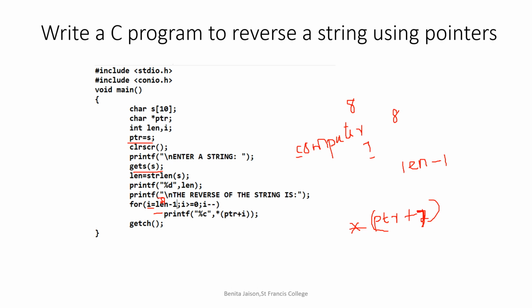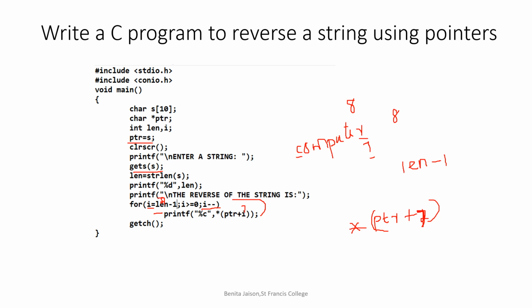You know the i value is 7. So ptr plus 7 will print the character at that address position, that is R. Now after executing this line, again it will go back to the for loop and it will decrease the i value, i minus minus, the decrement operator.